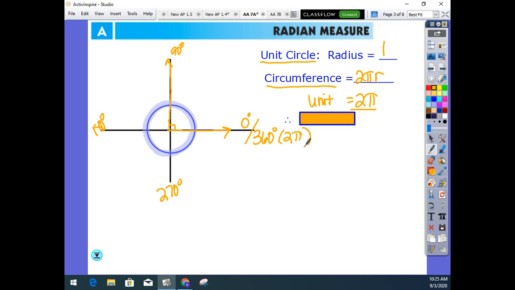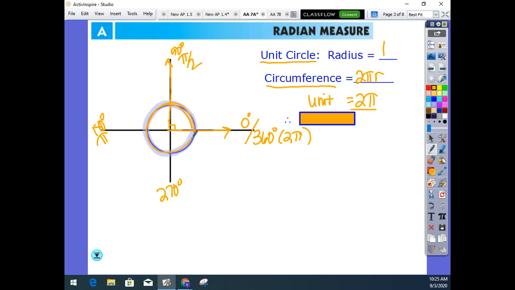So let's think about it. All the way around the circle is 2 pi. Halfway around the circle is 1 pi. So that means 180 degrees is the same thing as pi. Then half of pi, a quarter of the way around the circle, is pi over 2.